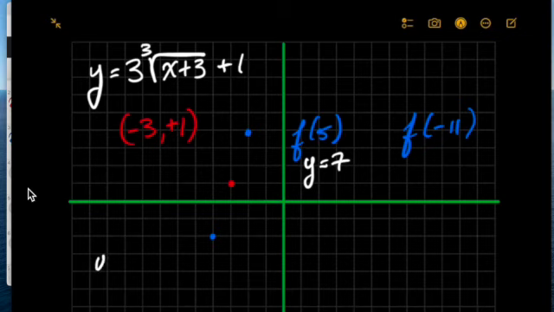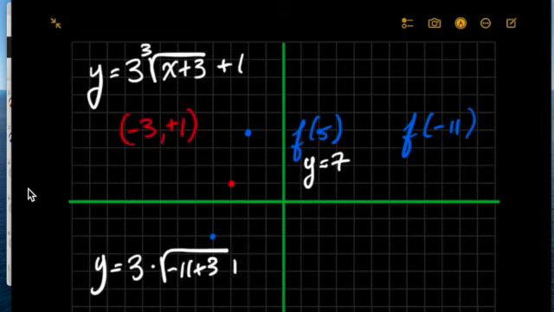So we're going to have y equals 3 times the cube root of negative 11 plus 3, plus 1. Y equals 3 times the cube root of negative 8, which is negative 2, plus 1. Y equals negative 6 plus 1, which is negative 5.